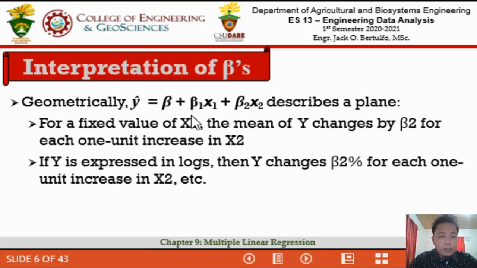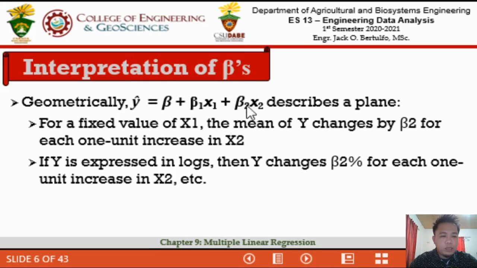Sorry po. If we hold this independent variable constant and we only allow the second independent variable to change, then we can say that if this x2 changes by 1 unit, let's say the value of x2 is 1, then there will be an increase of y by beta 2, because 1 multiplied by the value of beta 2 is beta 2.